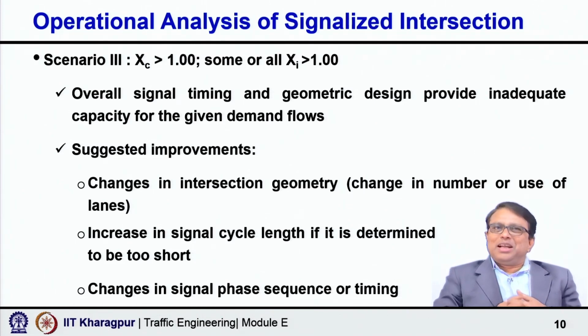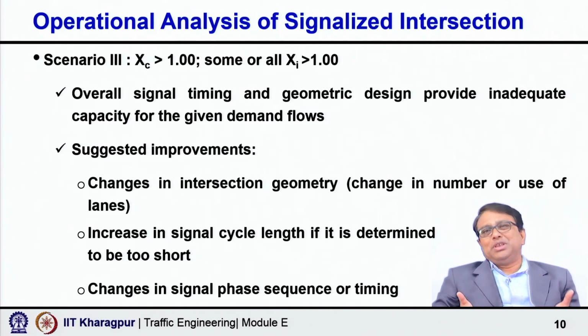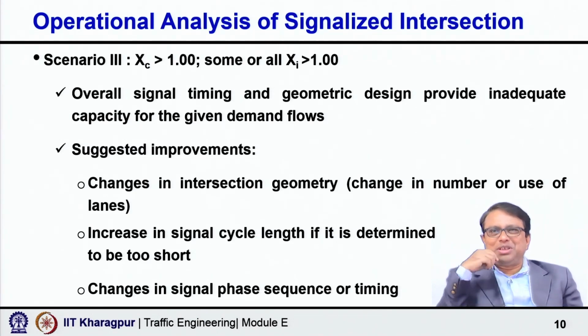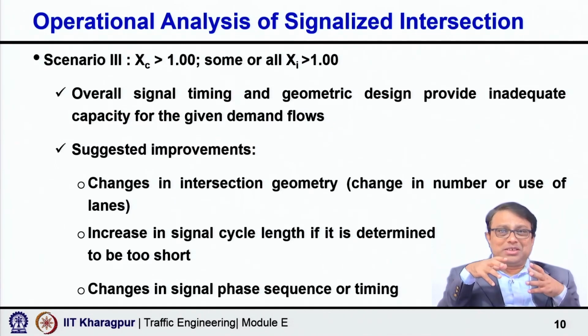So, the present signal timing and the present geometric design are unable to provide adequate capacity for the given demand flow. So, you have to think something more, not simply reallocation of green time to different phases or different critical lane groups. You have to think something more than that, because the overall intersection capacity is also not adequate.